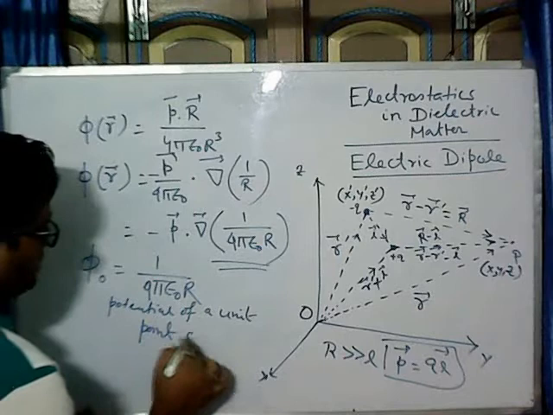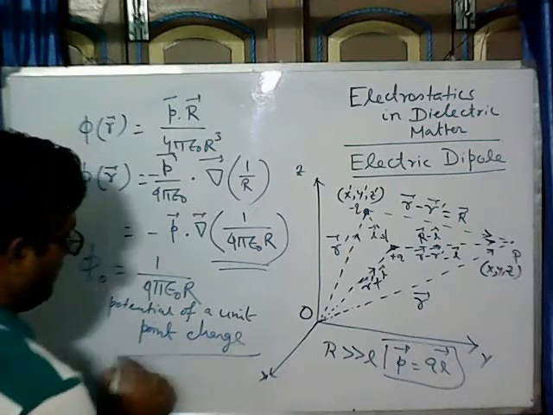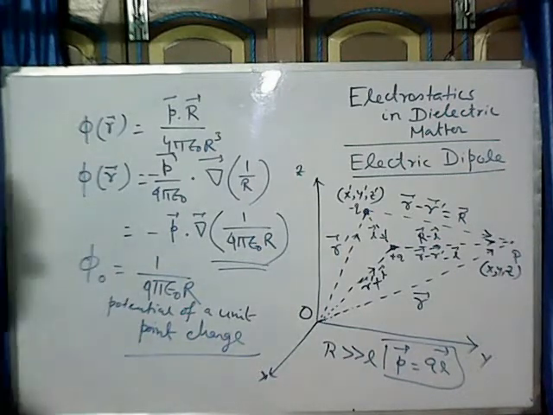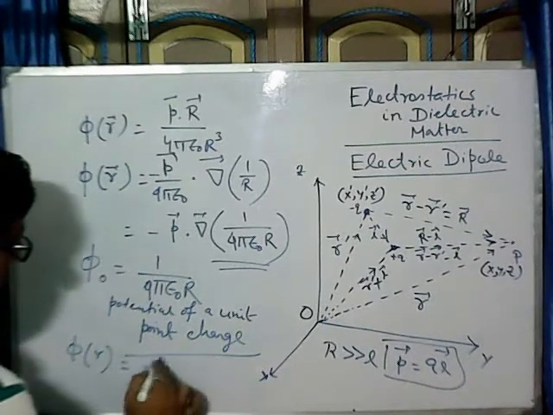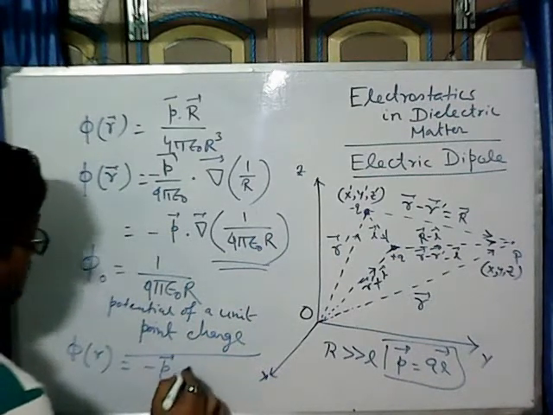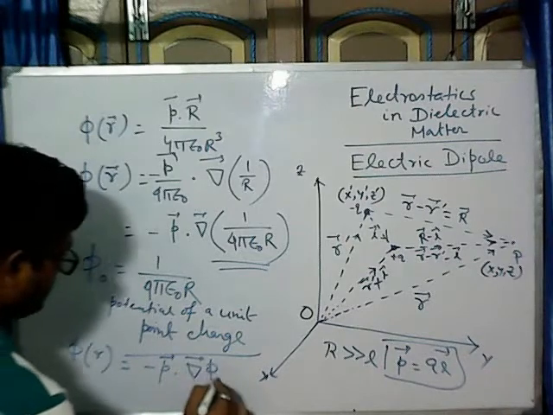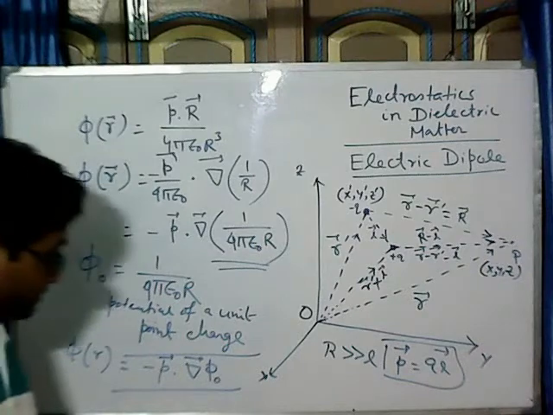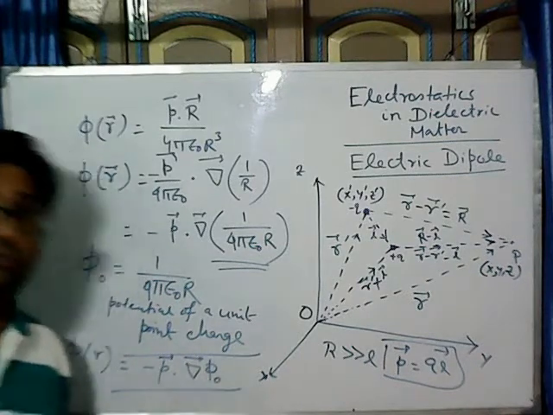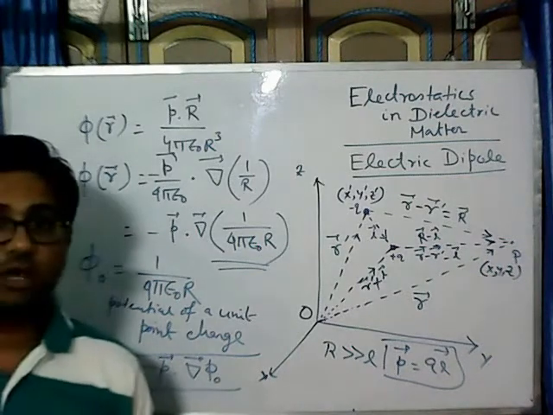So from here we can write phi r is basically minus p dot del phi 0. So this is the form of the potential due to the electric dipole.